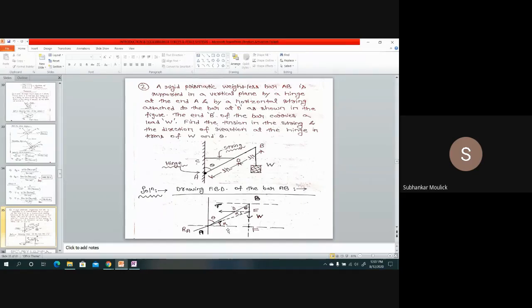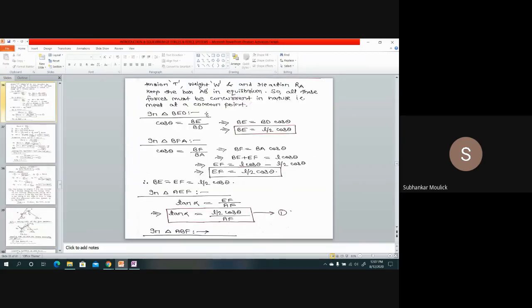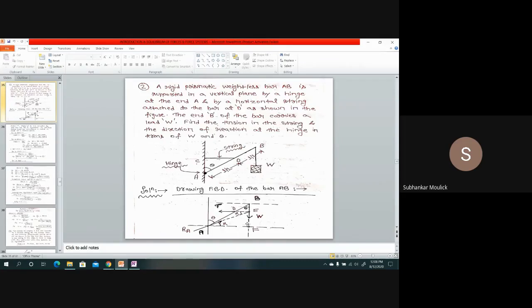At what angle it is inclined, that I need to find out in terms of W and theta. So let us consider the triangle BED, this small triangle. Cos theta is base by hypotenuse. That means base BE divided by hypotenuse BD.